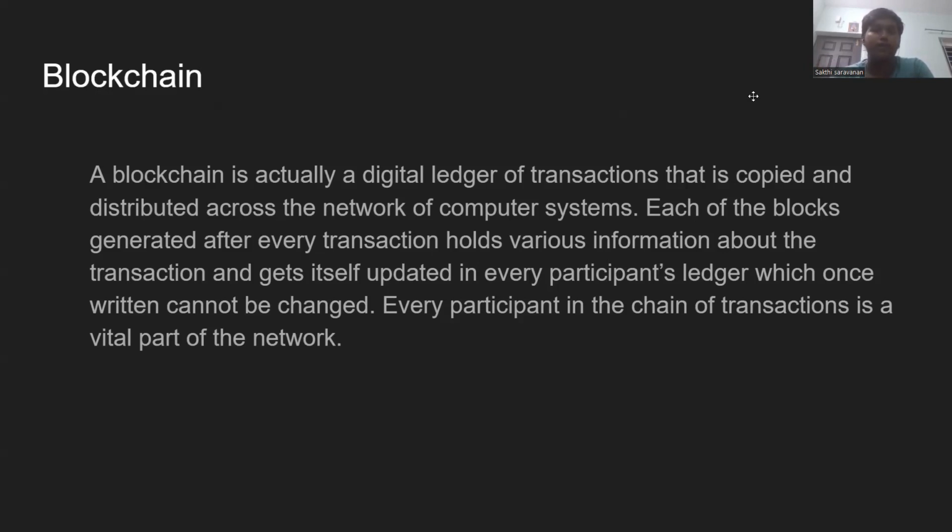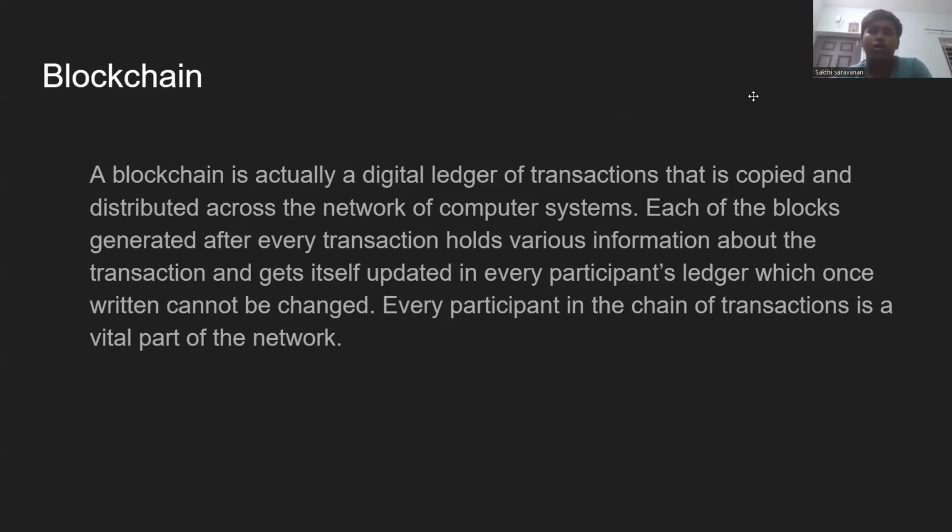provide vulnerability. Now, if we see it in terms of a definition, it can be said as a digital ledger of transactions. What it means is that it's an open ledger of transactions where anyone can see what's going on and participate in it. A ledger is basically like a notebook where everyone can write their own information.